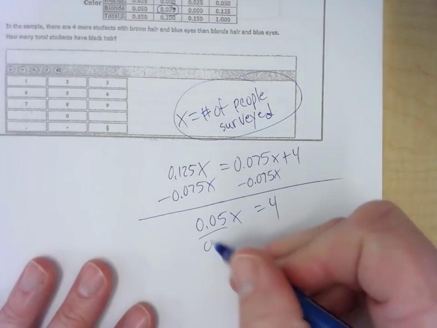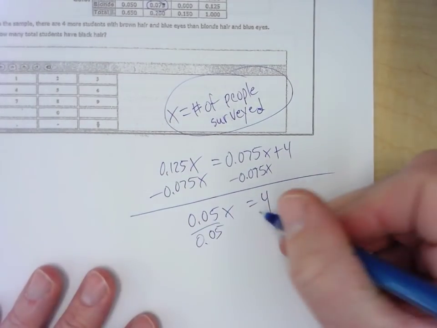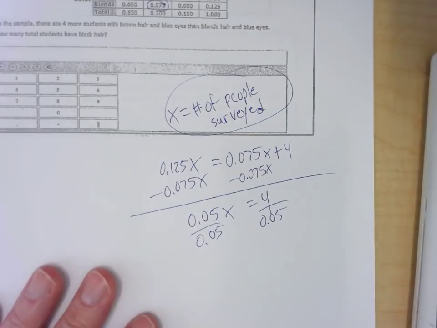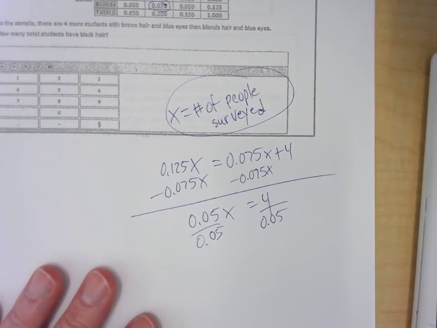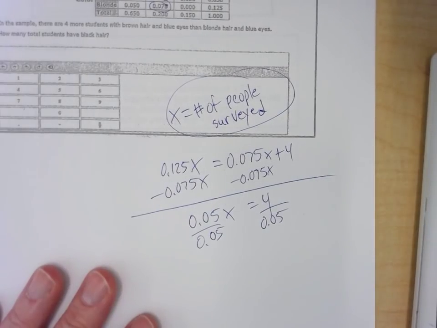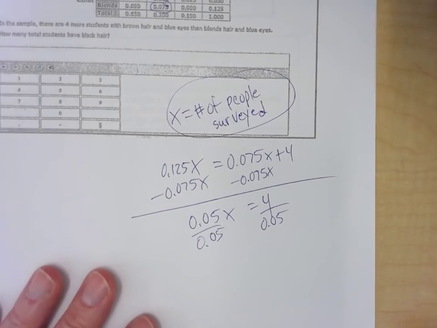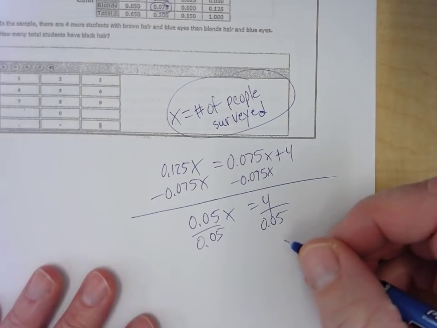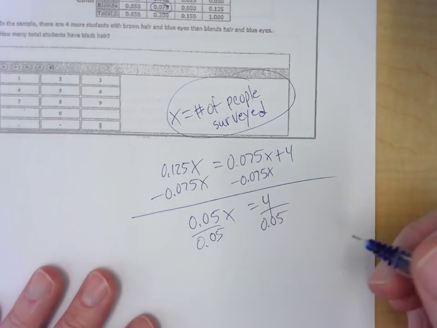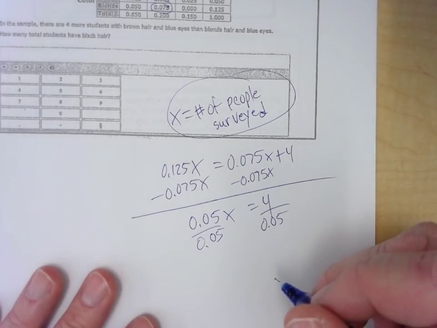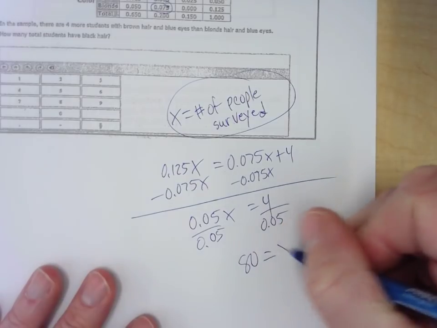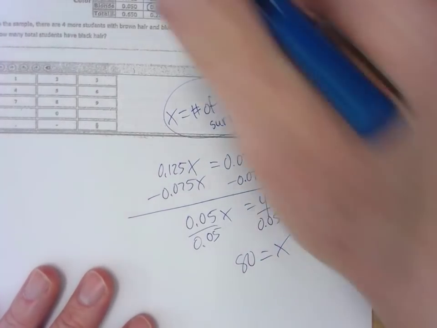So now I divide over this. So I'm going to divide by 0.05 into that. So 4 divided by 0.05, and I get 80. All right, so there's 80 people in this whole survey.